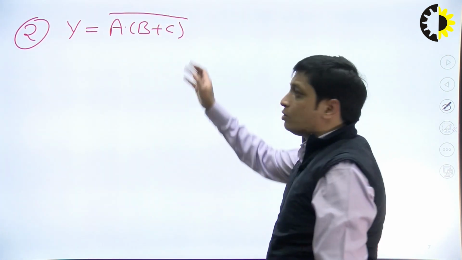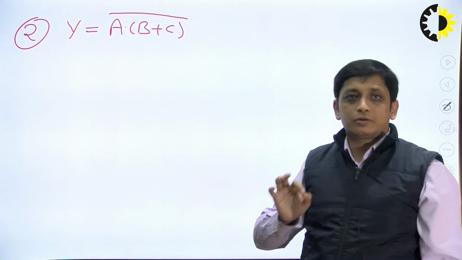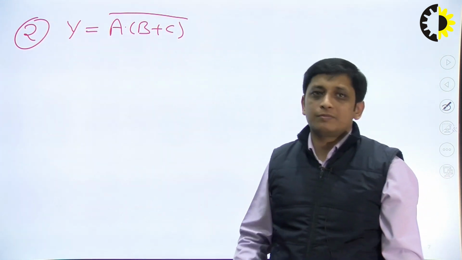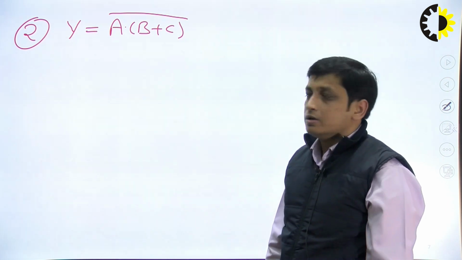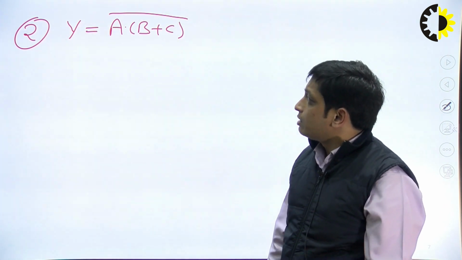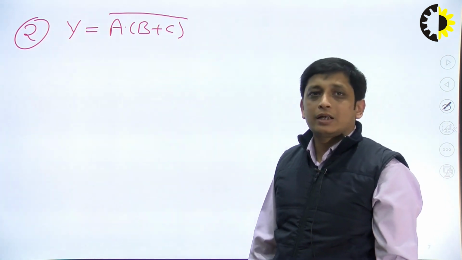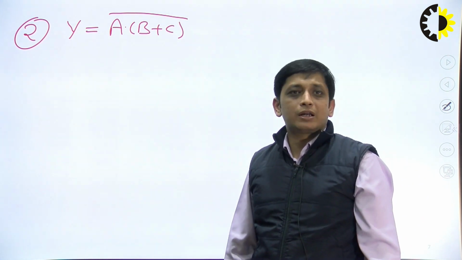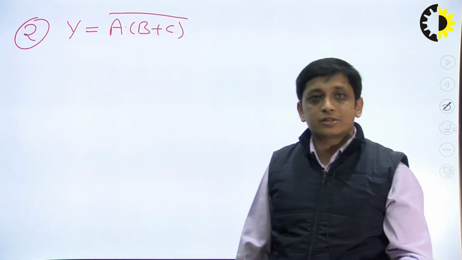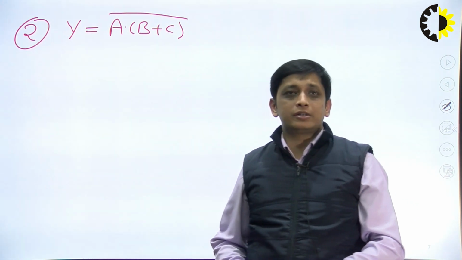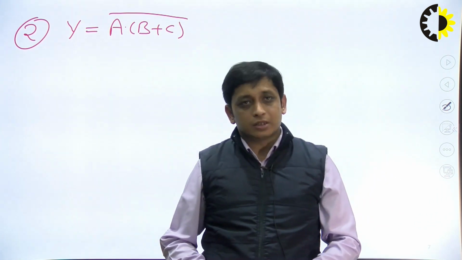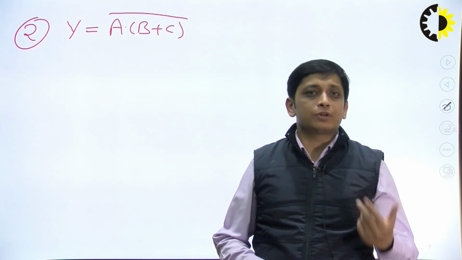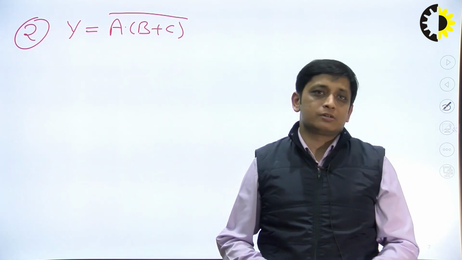Suppose that if there is no whole bar, then we will require to connect one more CMOS inverter at the output. So from this expression, you can see that there are three inputs, and these three inputs are A, B, C. So how many transistors we will require if we want to implement this expression using CMOS? 3 NMOS transistors, and corresponding to that 3 PMOS transistors.